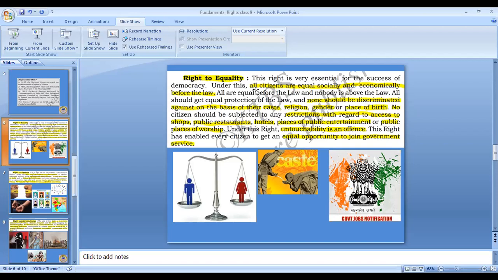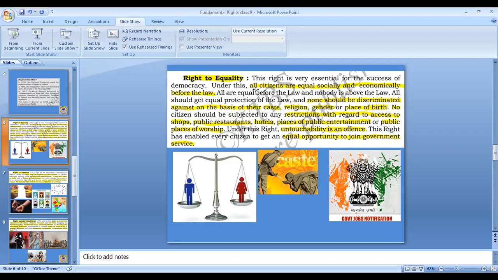Although we can see that Hinduism is the majority religion in India, there is no discrimination between Hindu or Islam or Hindu and Christian before the law. When the judges give the judgment, they will not see their religion or their caste, and they will treat every citizen equally.